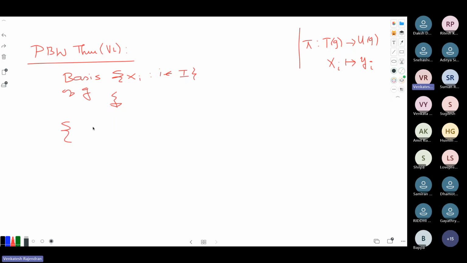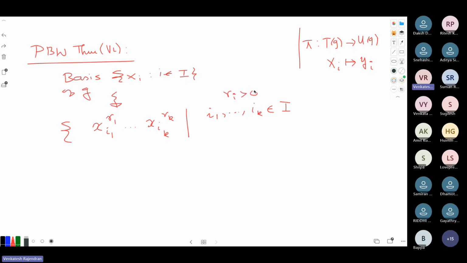So you take x_{i1}^{r1} through x_{ik}^{rk}, where all these i1 through ik come from this capital I. Because all these r's are exponents, you collect the letters that are appearing, so you can assume that all r's are greater than 0.